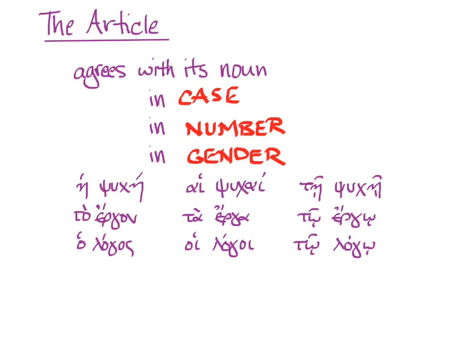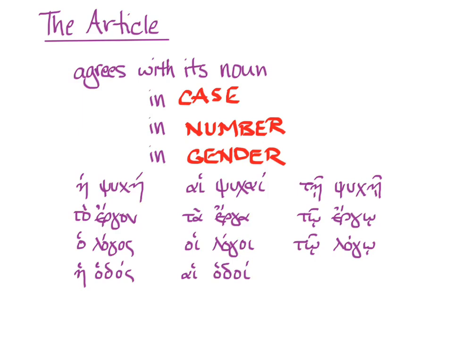So far, the article looks a lot like the ending of the word it goes with, but that doesn't always happen. The road is a second declension feminine word, so it's hē hodos. It agrees in case, nominative, number, singular, and gender, feminine, but it doesn't match. Same goes in the plural, hai hodoi.